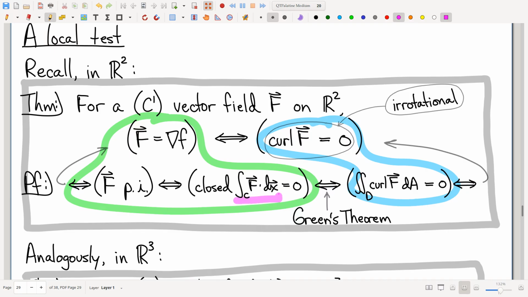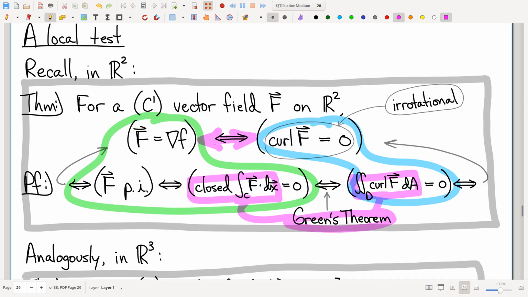Green's theorem specifically tells you that circulations can be computed as double integrals of curl. Right, so that's what connects the left side to the right side, and therefore that's the final piece of the puzzle that tells you how the local test works. So why is it that curl being 0 means you're looking at a gradient of something? Well, that's the final piece of the puzzle.